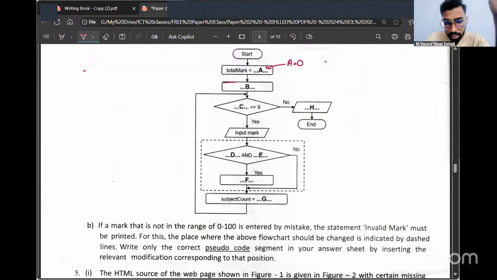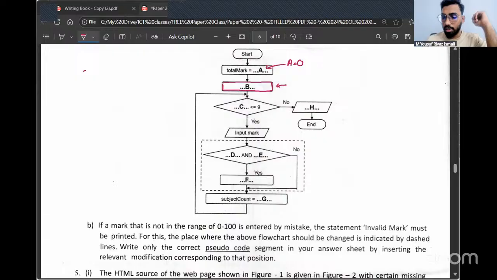Then you can see we have here a rectangle, and inside this rectangle, there is a letter B. Normally, tell me, in flowcharts, rectangles are used to represent what type of instruction? Is it input, output, process, or a condition? Perfect.